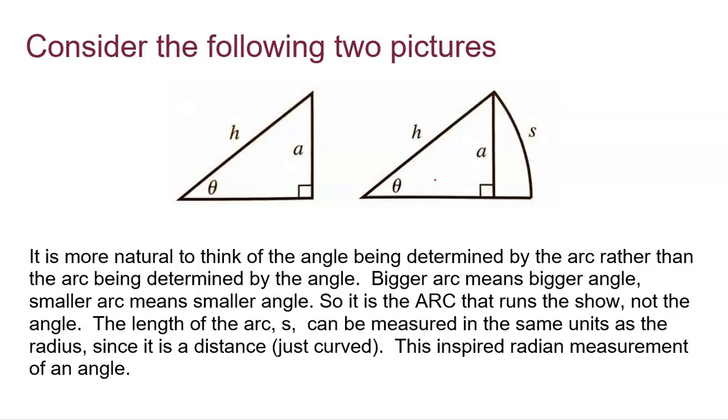So again, imagine I have my angle in standard position right here. I'm just kind of drawing that in standard position. And I have this angle right here that I'm calling theta.